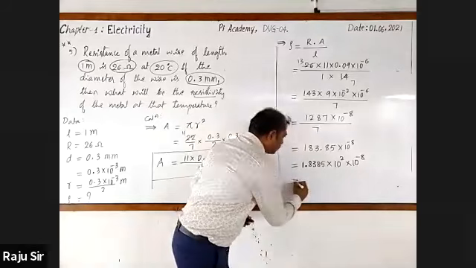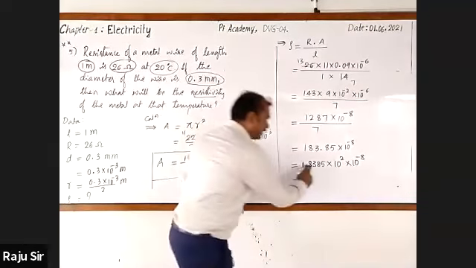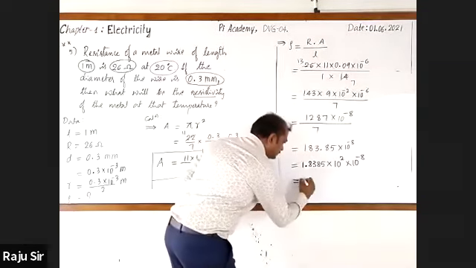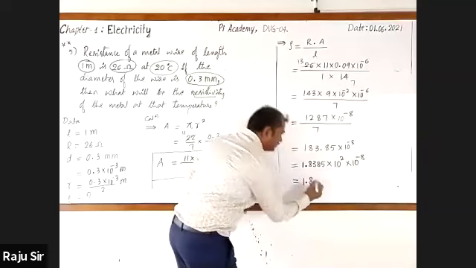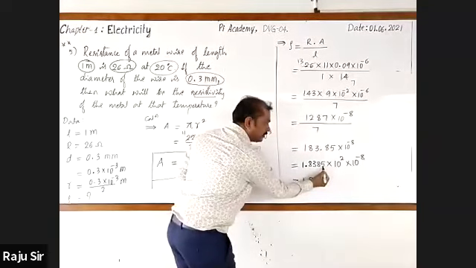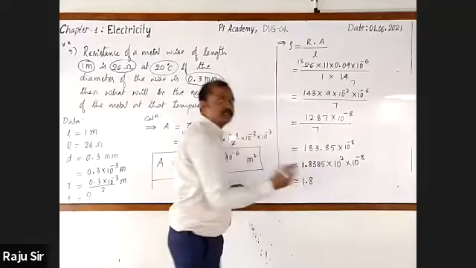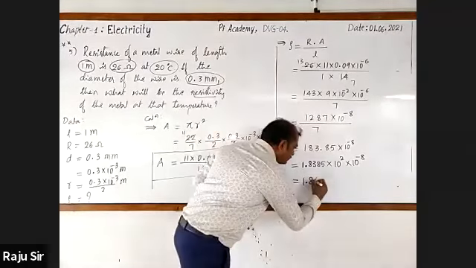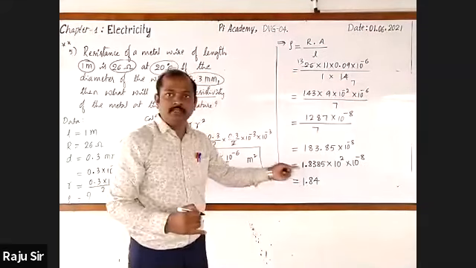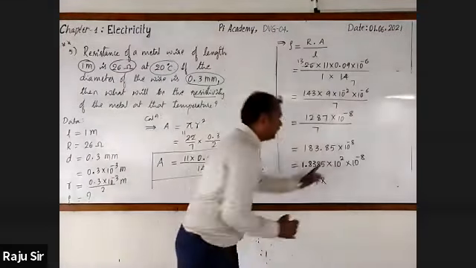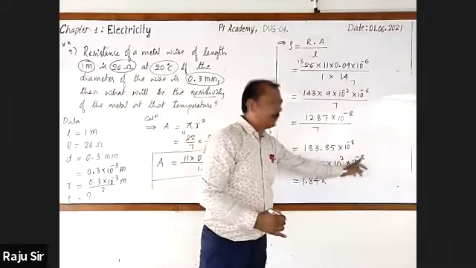Now, this is equal to, you can write it approximately as 1.8. Okay. 85 is close to 90. It becomes 9. 39 is close to 40. So it becomes 4. 1.84 into 10 raised to the power 2 minus 8.